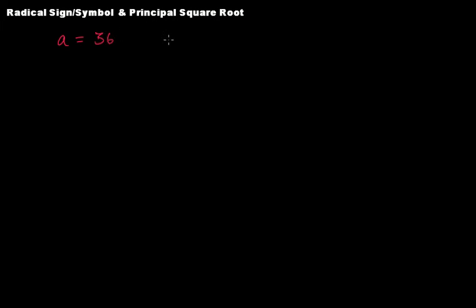If someone asks you what is the square root of A, then you will say the square root of A. This is the radical sign or symbol. This sign is the radical sign or symbol. Remember this. So if we put this radical sign here, it means the square root of A.